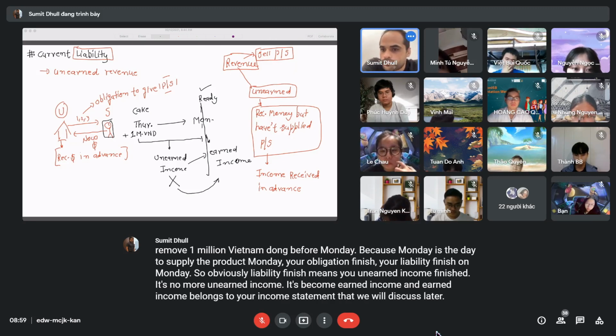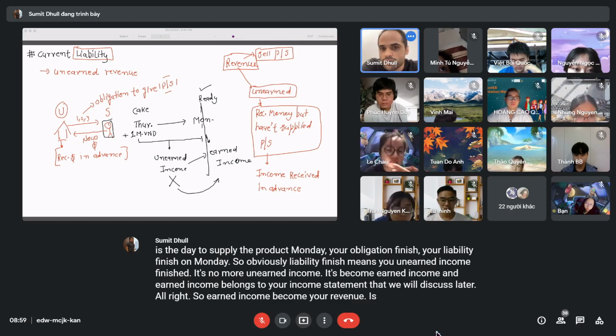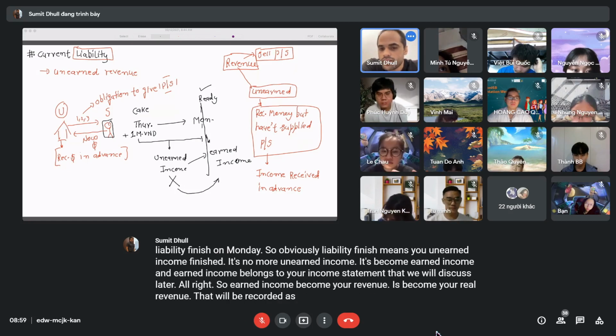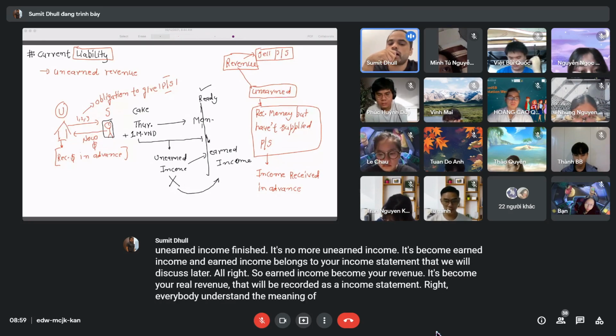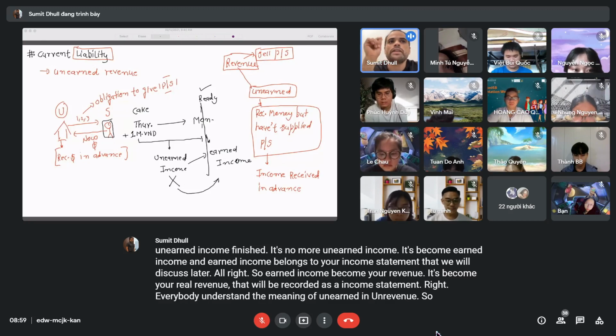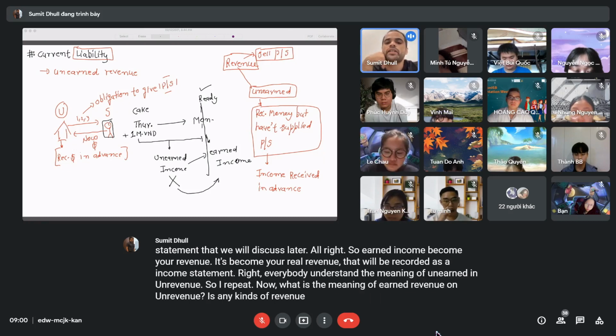All right. So earned income becomes your revenue. It becomes your real revenue that will be recorded in the income statement. Right. Does everybody understand the meaning of unearned revenue? So I repeat now, what is the meaning of unearned revenue? Unearned revenue is any kind of revenue that the company hasn't earned yet.